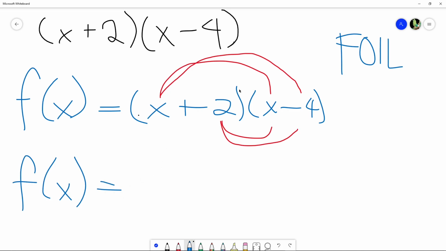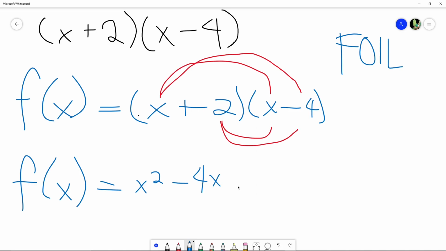So FOIL it. So x times x becomes x squared. You might ask, how does it become x squared? Because these have an exponent of 1. So if you're multiplying, the exponents add, so that becomes x squared. Next is x times negative 4. That becomes negative 4x.